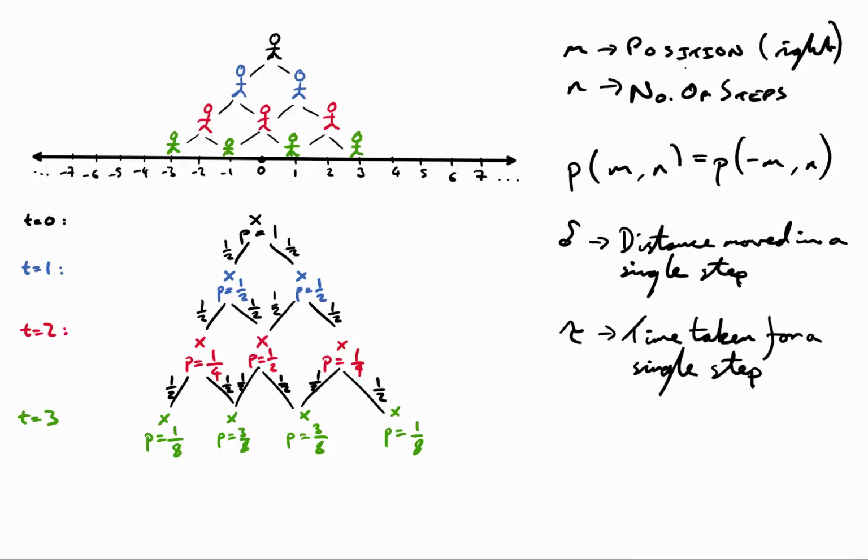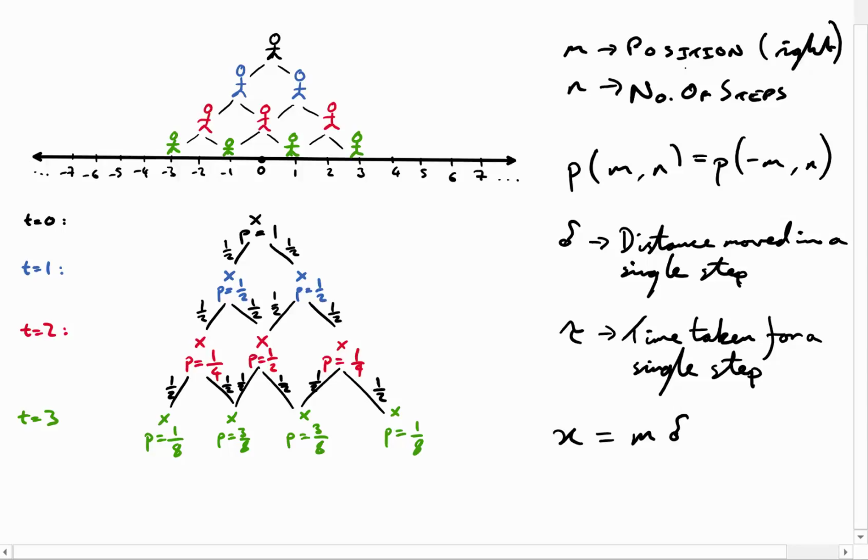So I can now let x be my position after moving to position m. How far have I moved? I've moved by delta for each step, so m is the number of steps I've taken to the right to end up at that position x. So delta is just the distance I've travelled in each step.